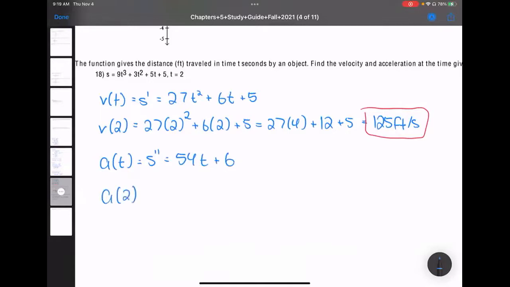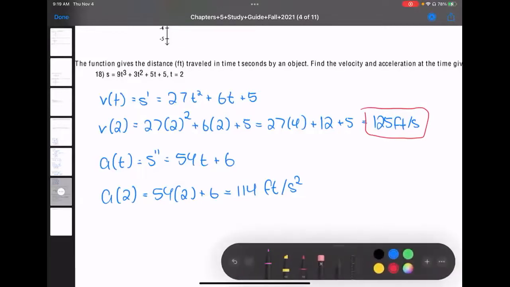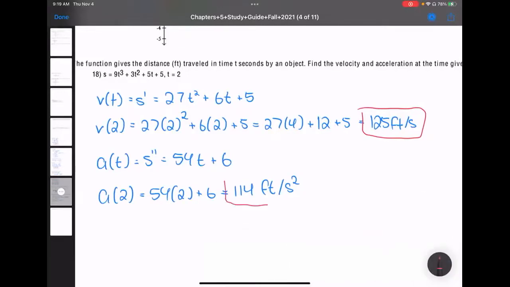So acceleration at time equals 2 is 54 times 2 plus 6, which is simply 114 feet per second squared, because that's the second derivative. And that's our answer for number 18.